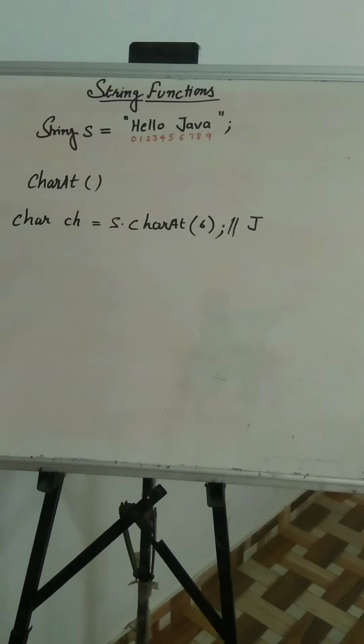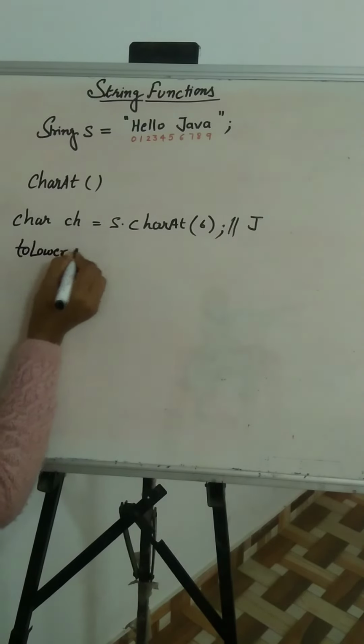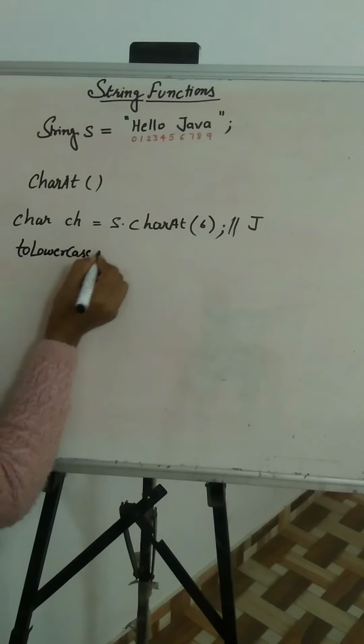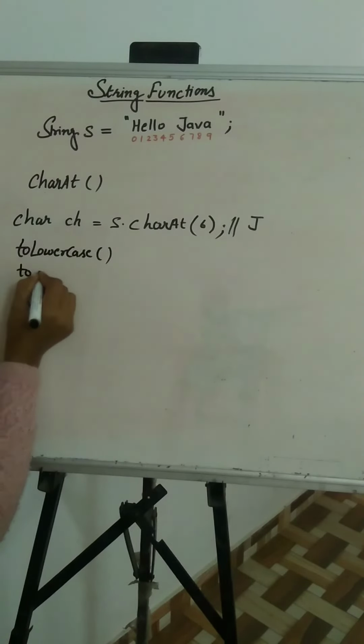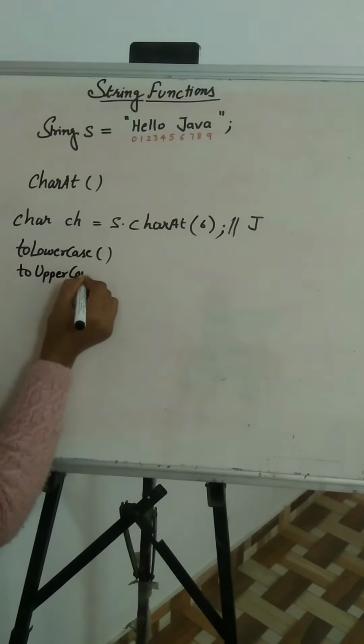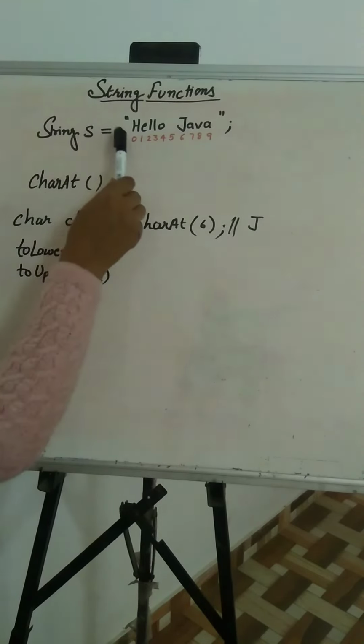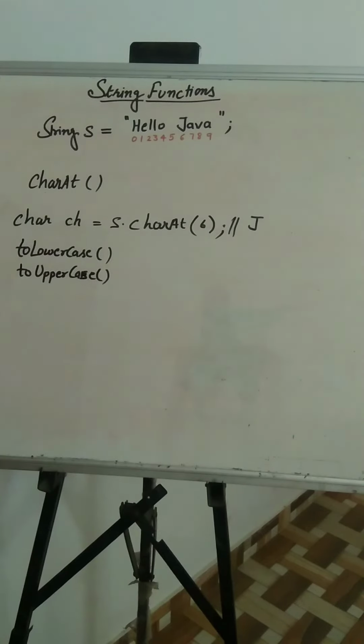Next functions are toLowerCase and toUpperCase. These are clear by name. If you want to convert your string into capital letters, meaning all letters in capital form, we have to use the toUpperCase function.